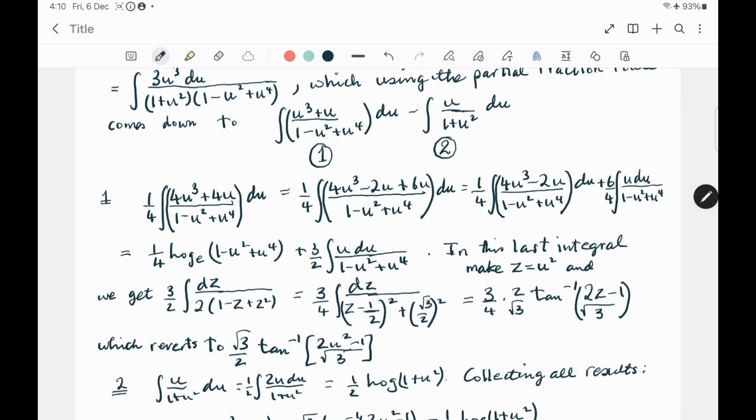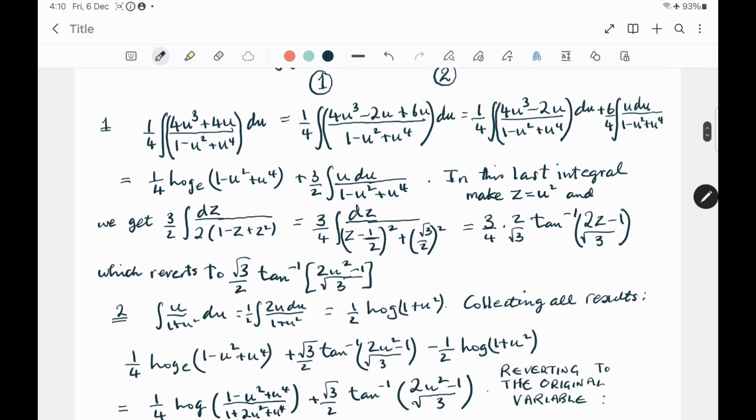Now, the second of those integrals is this one here, u over 1 plus u squared du, which is 1/2 of 2u du over 1 plus u squared, and that easily integrates because the top is the exact differential of the bottom, to 1/2 log 1 plus u squared.